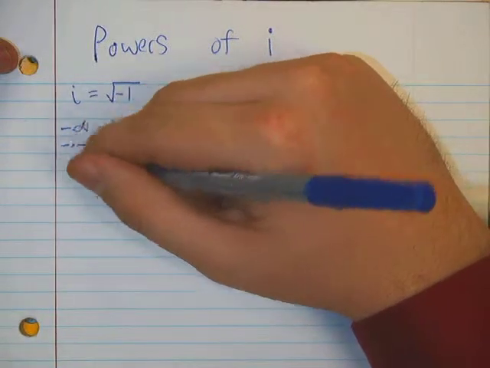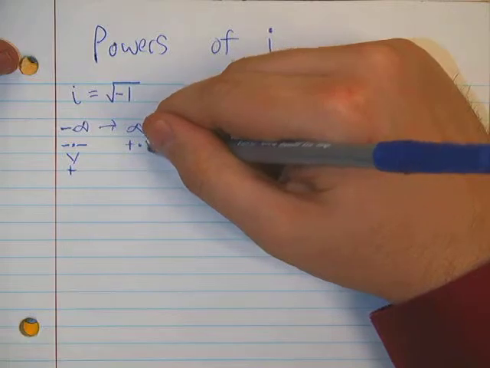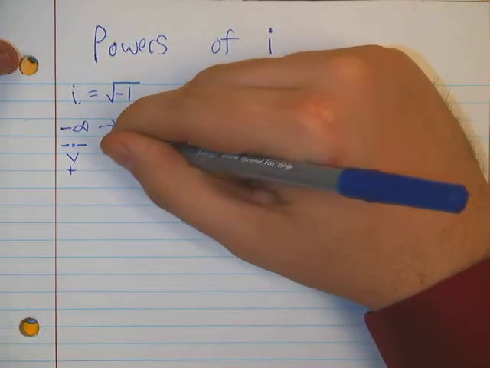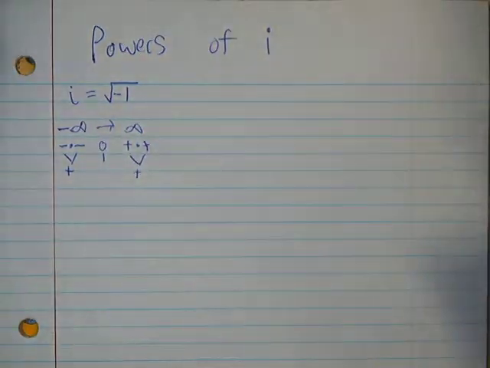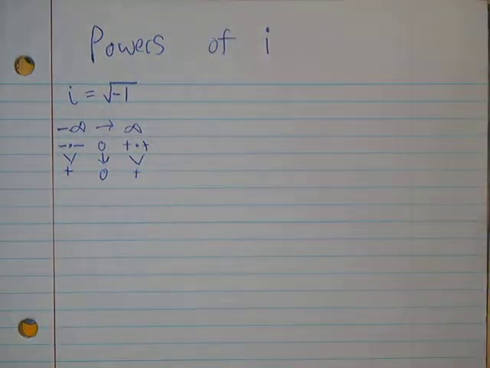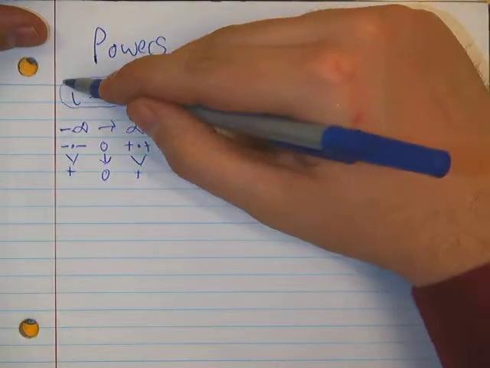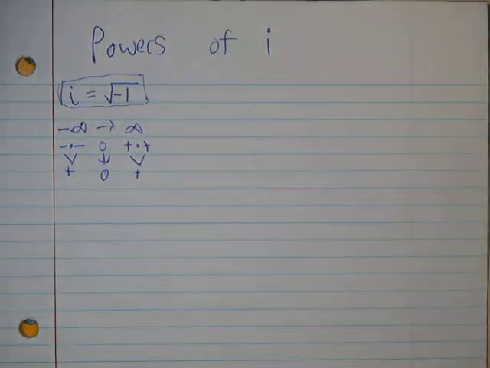Negative times a negative, those become positives. Positives times positives become positives. And 0, of course, multiplied by itself will give you 0. So it really confuses people that this doesn't have a value. But it really has no value in our real number system.